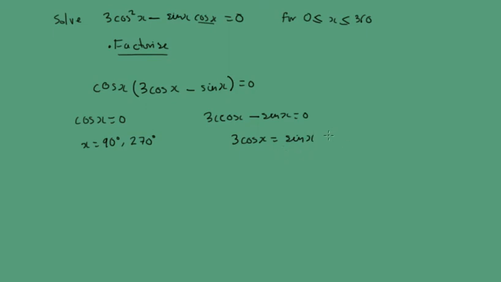But if we divide both sides by cosine, we'll have 3 equals tan x, because sine x over cosine x equals tan x, and the cosine cancels.